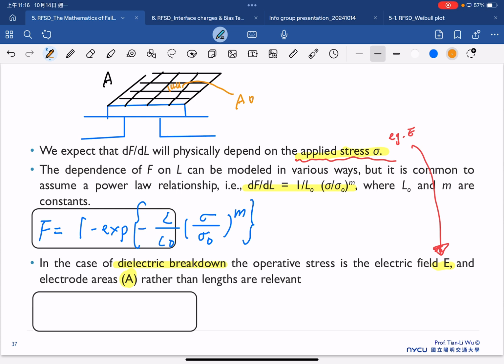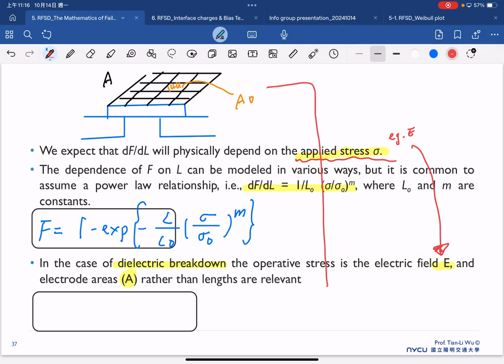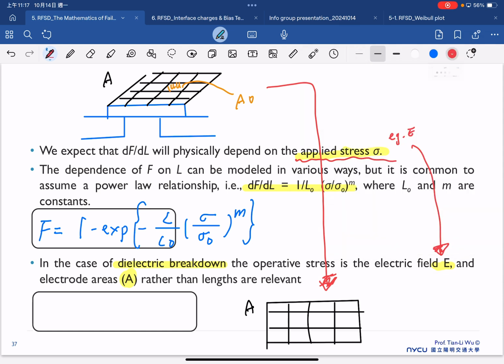So with this consideration, we can reconsider the case with the length becoming the area, with a schematic showing here. The total area is A, and the small area here is A0. With a similar concept, we can start to rewrite our equation.